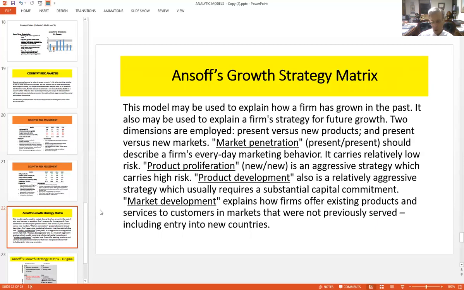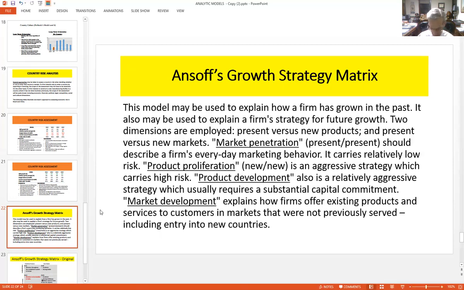Oh, okay. Now, so I misled you. There is another model, and that's the Ansoff growth strategy model. And you should be using this model. Once you've got all this evidence rationalized, the real question is, what will the strategy be? What approach will your company take to growth?